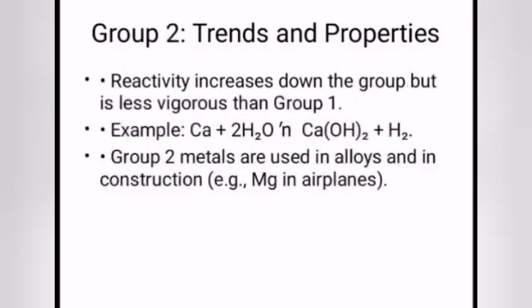For group two, the popular trend is that the reactivity increases down the group, but is less vigorous than group one. I don't know if this is an error, but I think the reactivity is supposed to decrease down the group. Okay, no, it increases down the group, because beryllium is less reactive compared to magnesium, and magnesium is less reactive compared to calcium, and going down.